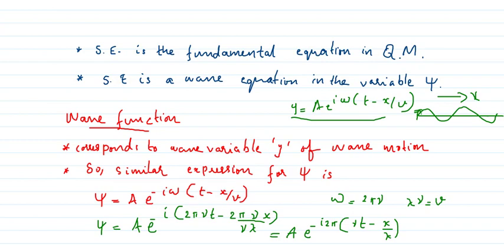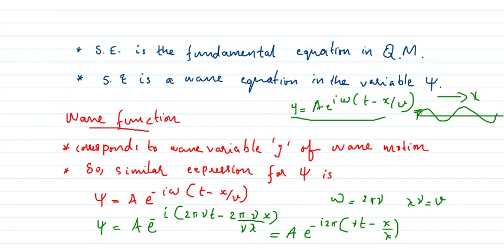But in the case of de Broglie matter waves, as we have learned in the previous chapter, the wave function represents the probability amplitude of finding the material particle in space and time.